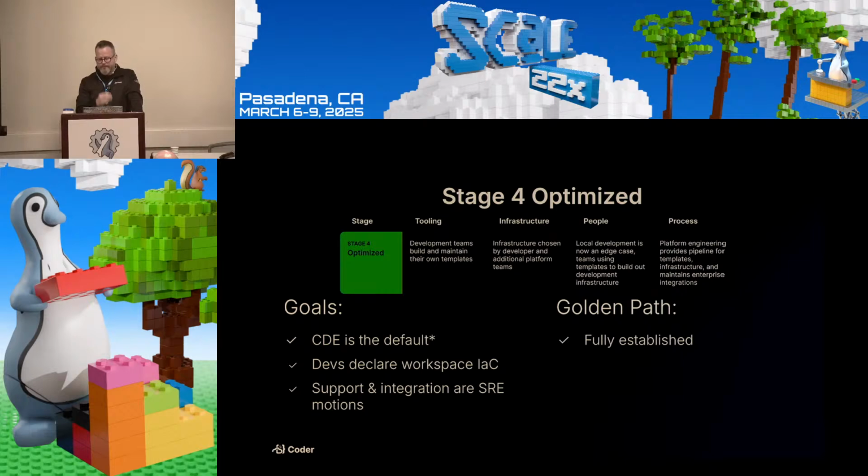And the golden path for this stage, it's fully established, meaning you should know where you are and where you're going with your golden path at this point. However, it is an infinite game. Everything should be pipelinable, and this goes right along with devs declaring their own workspace declarations.